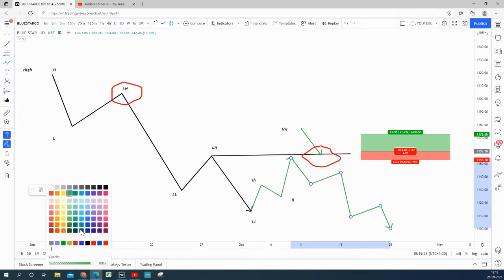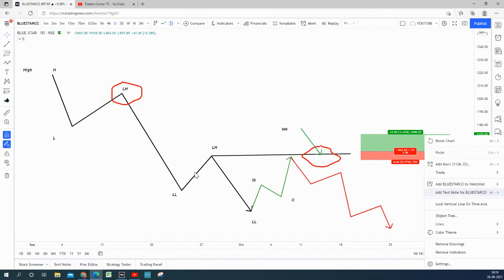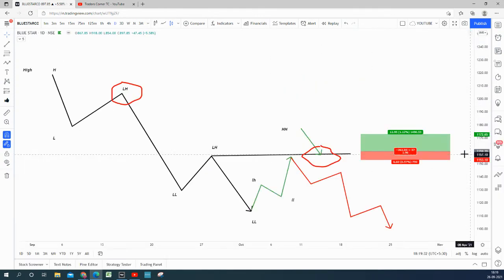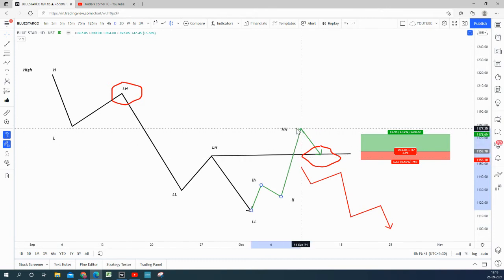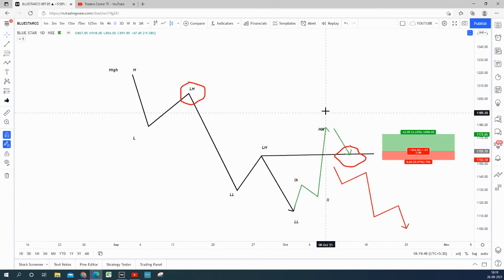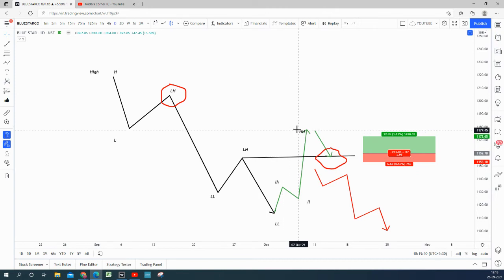The moment the price closes strongly above the previous high, it is an indication the trend has changed from downtrend to uptrend. I mean, when the price closes above this, then it is a clear indication that the market has changed from downtrend to uptrend. So when you take a trade here, as per logic, if it makes a fresh higher high compared to the previous high, the immediate target will be this previous high.